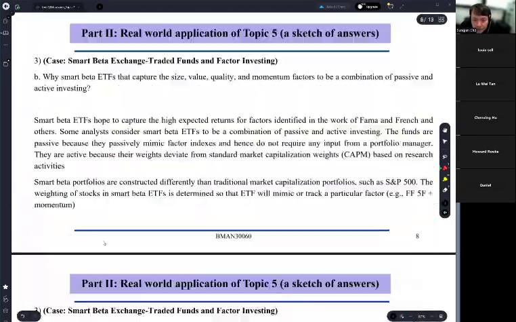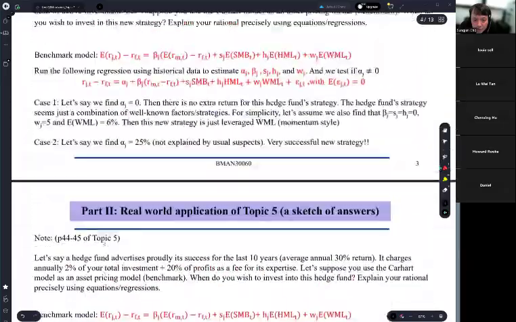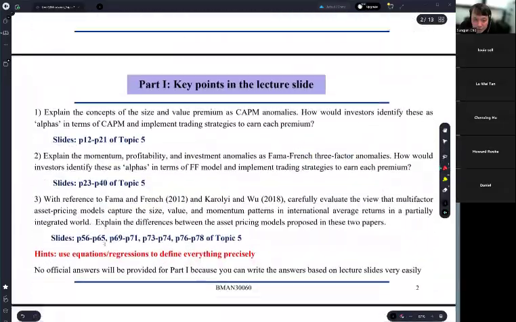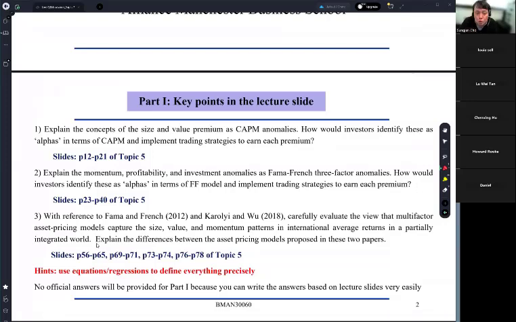Given this knowledge, let's talk about the practice question on topic 5. There are 2 parts. Part 1 just asks you to summarize the key points in the lecture slide. The first one: explain the concept of the size and value premium as CAPM anomaly. How would an investor identify these as alpha in terms of CAPM and implement a trading strategy to earn each premium?